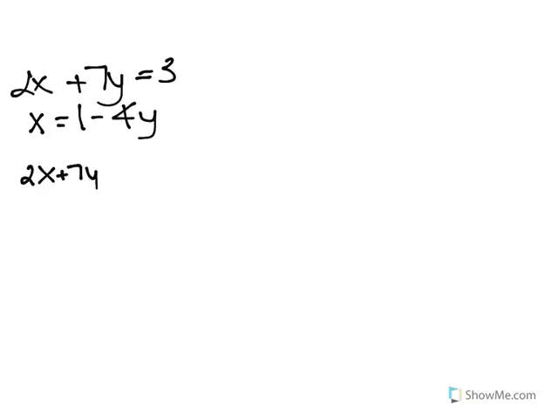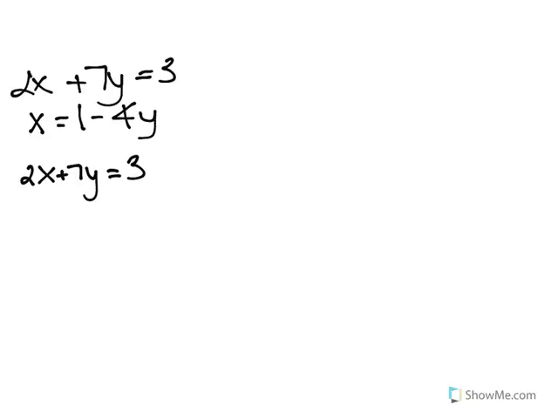So let's do 2x plus 7y equals 3 is the first equation, and the second equation is x equals 1 minus 4y. So I want to line up the x's, the y's, and the constants so they're all in the same columns, okay? So I'm going to rewrite the top equation.